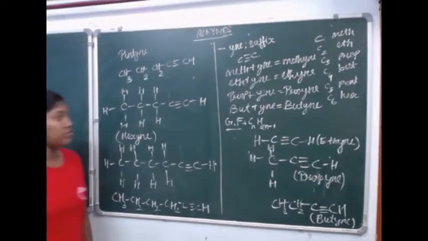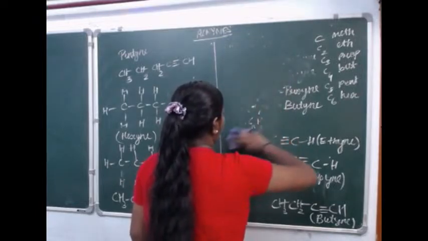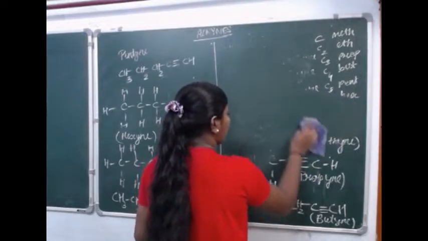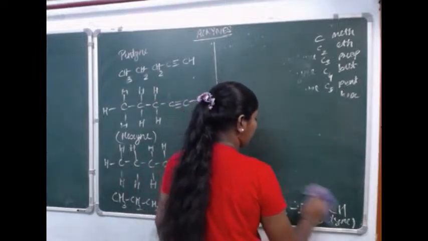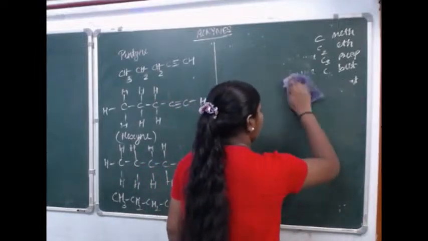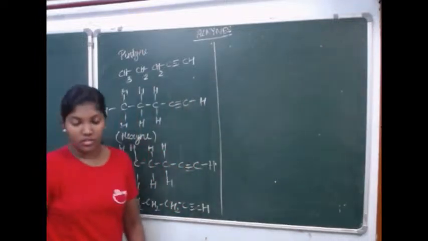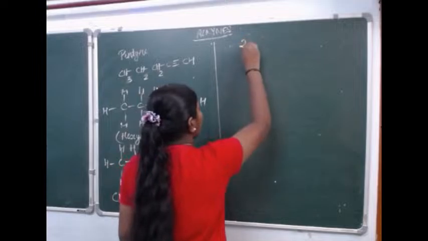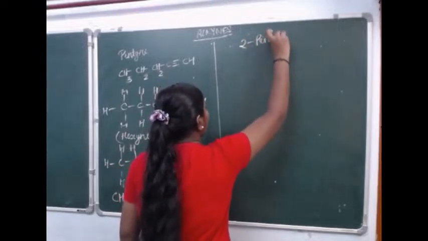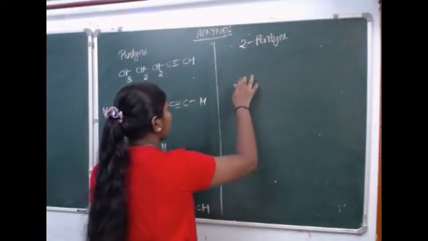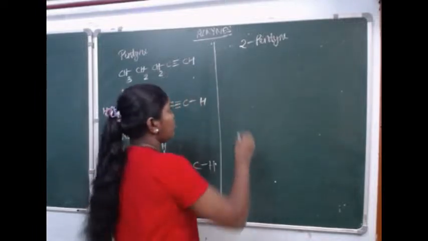You can draw here. 2-pentyne. Pent means 5 carbon atoms. Write down 5 carbon atoms.